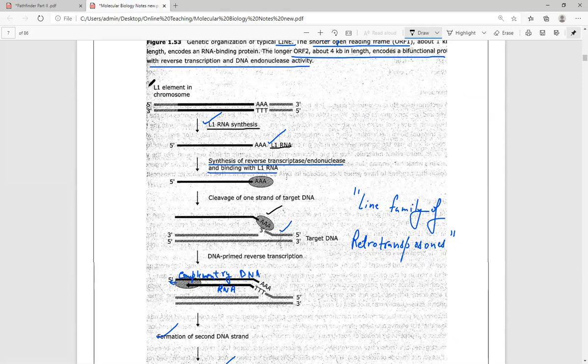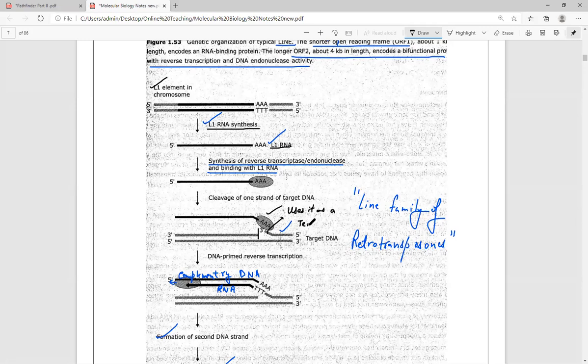देखो L1 line element के अंदर क्या होता है? There is RNA synthesis. This RNA which has been biosynthesized, ये जो RNA बना है, ये एक जगह पे कट करेगा. It acts as an endonuclease, cleaves a strand of the DNA, binds with the complementary strand, and uses it as a template.